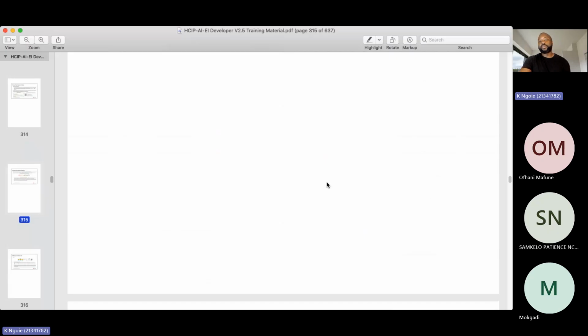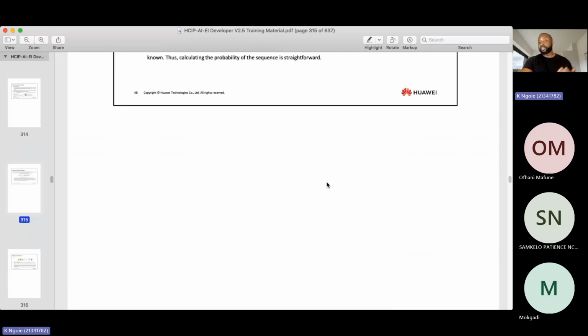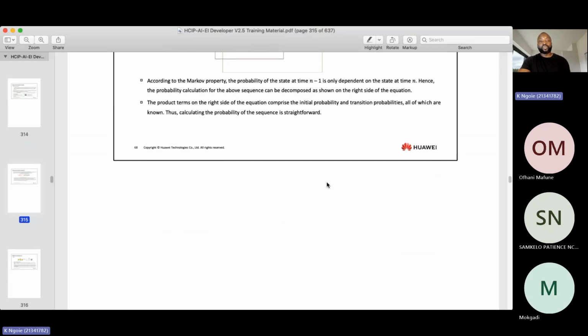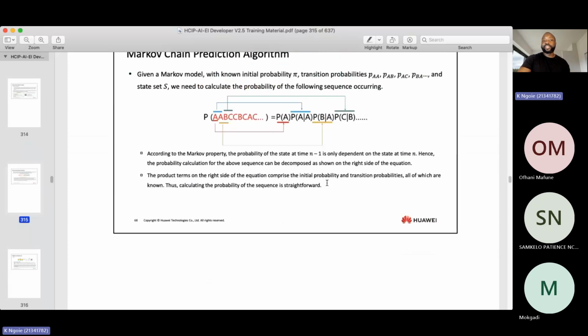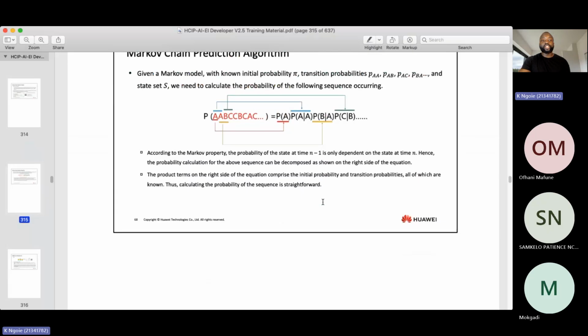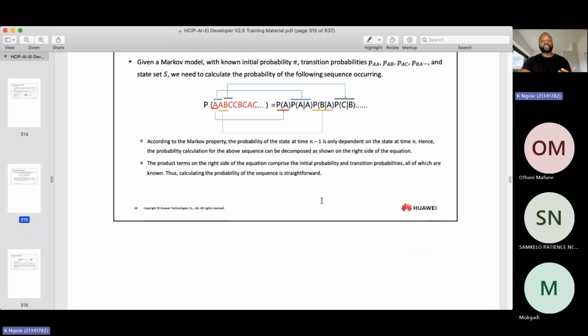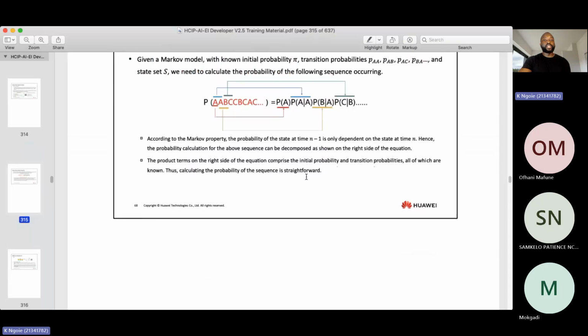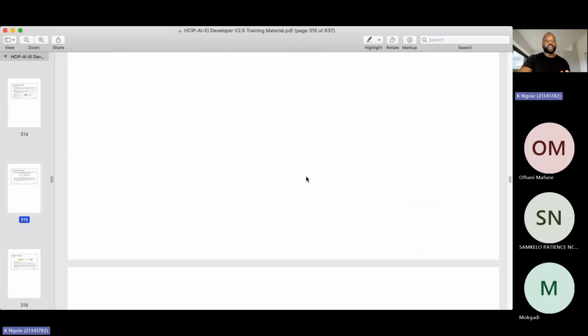Because in real world problems, parameters can be unknown. So we learn from observed data sequences. What we need to learn from that is the initial probability and the transition matrix. Then we have all the information that we need to do the Markov chain.